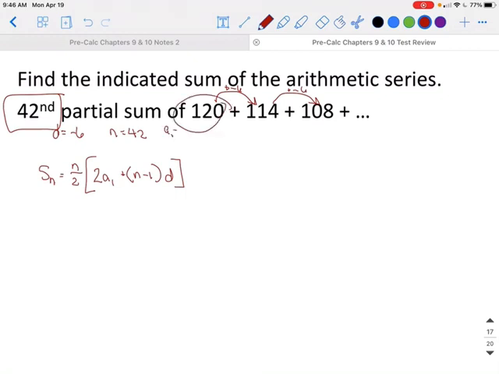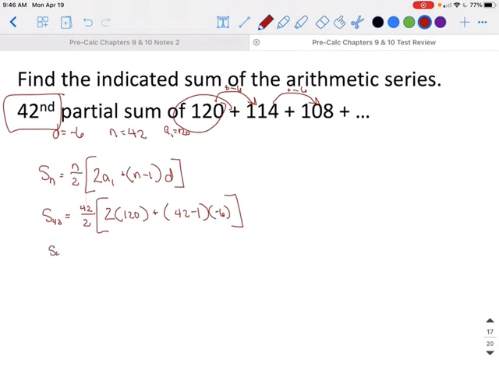And we do know that our a sub 1 is 120. So if we're finding the sum of our first 42 terms, we're going to do 42 divided by 2, and then it's going to be 2 times 120 plus n minus 1 times the common difference of negative 6.